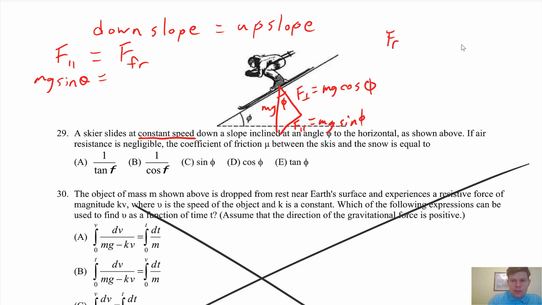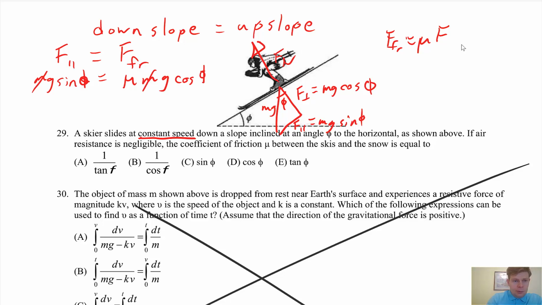Since force of friction is mu Fn, and Fn is equal and opposite to this F perpendicular, we've got mu mg cos phi. This is phi, not theta. Cancel out our m's, and then we want to find the coefficient of friction.